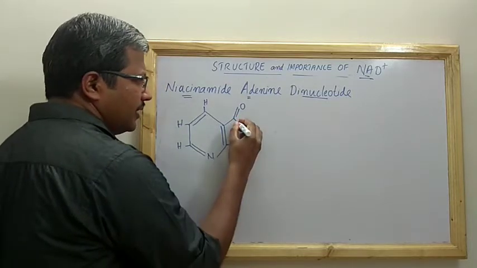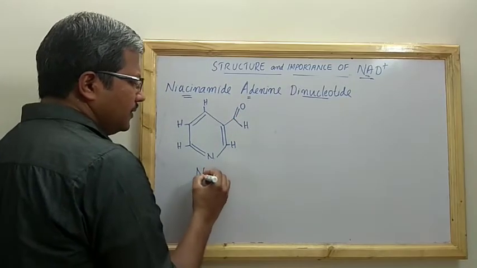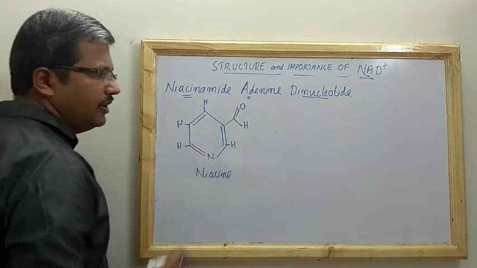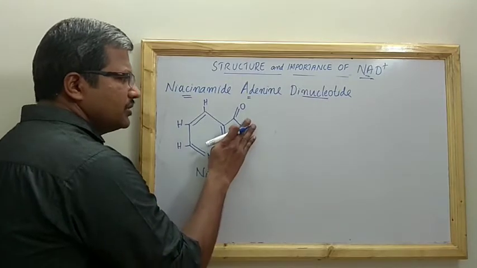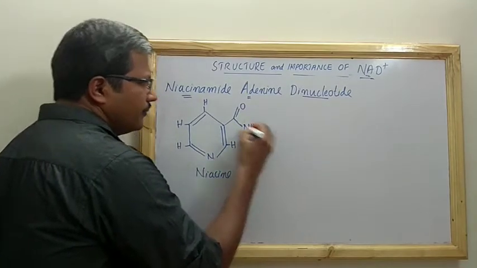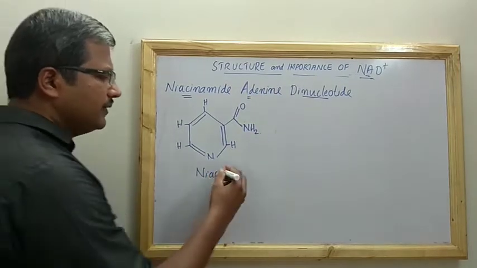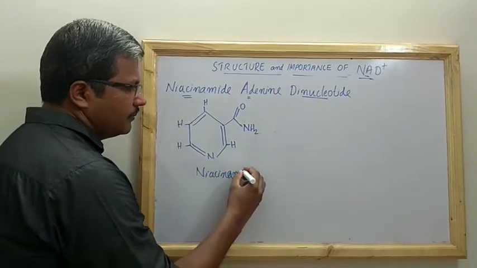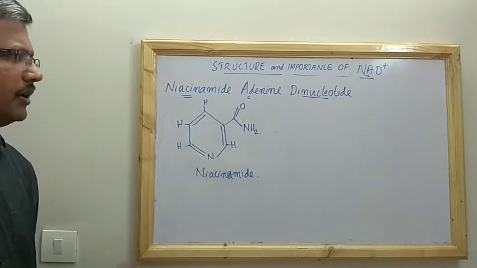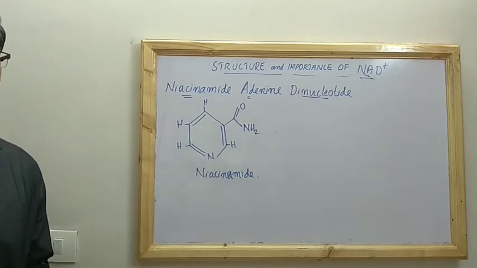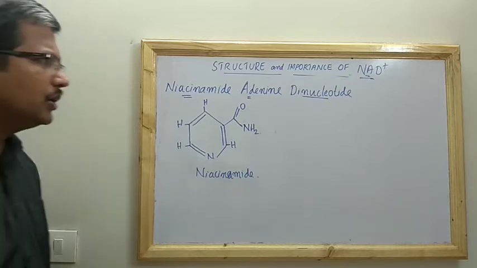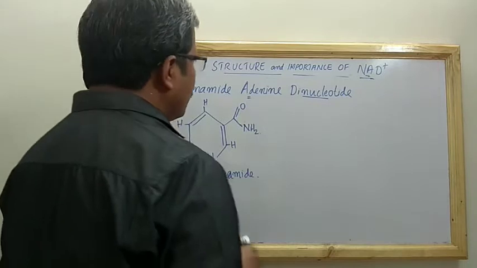So this is niacin, you can just note down this as the niacin. Just redraw one more figure where this hydrogen is replaced by the amide. Now it becomes niacinamide.